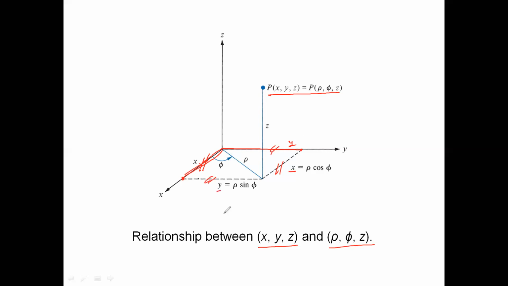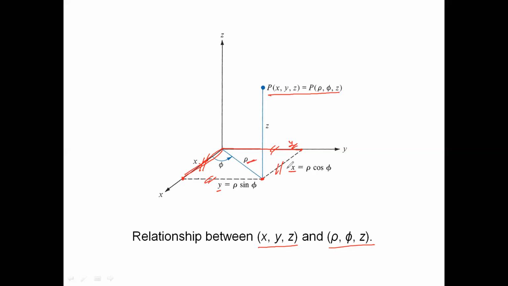Now, the angle made from the center of the horizon to this point projected onto the xy plane is phi, which is called the azimuthal angle, and rho is called the radius of the circular cylinder, which is the distance rho mentioned here.